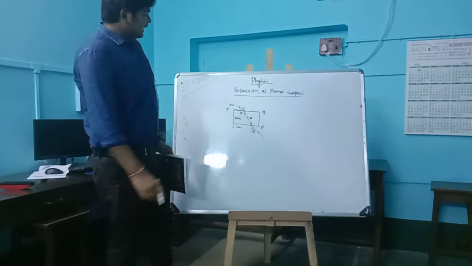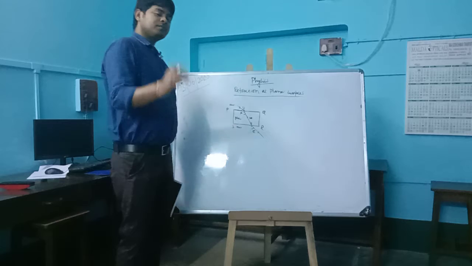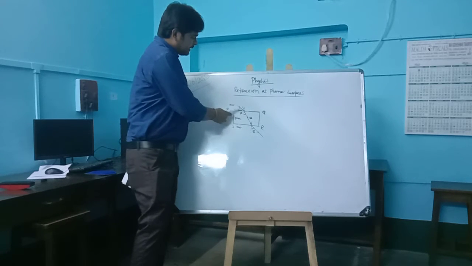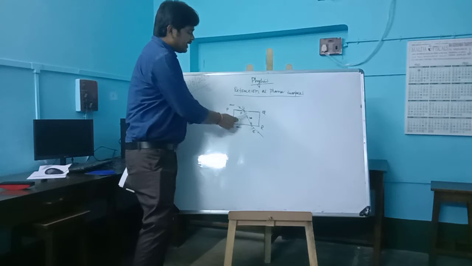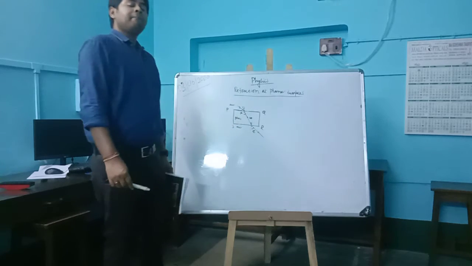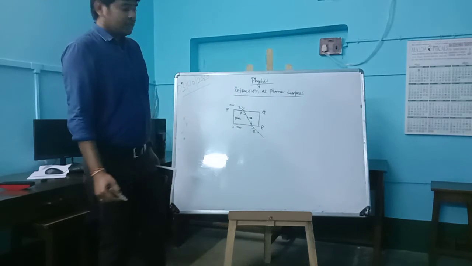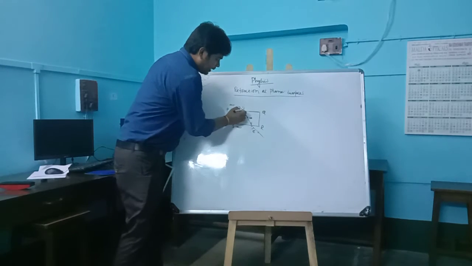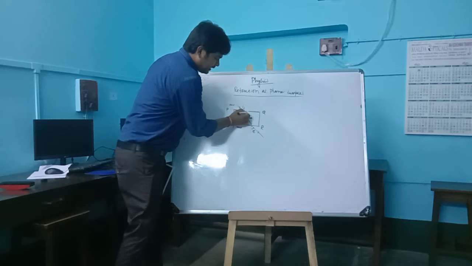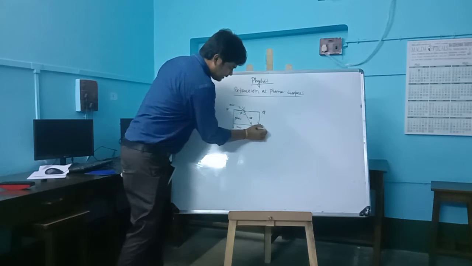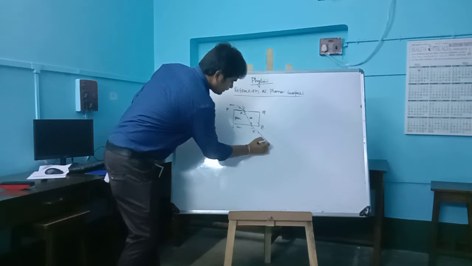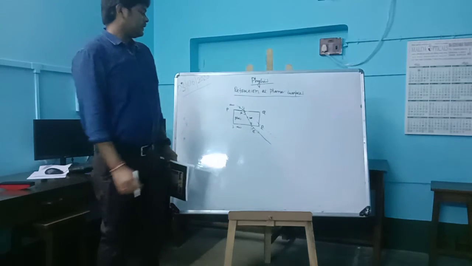One thing we find after observation is that the incident ray and the emergent ray are parallel to each other. Now if we extend this ray in a dotted line, we will get a line like this.